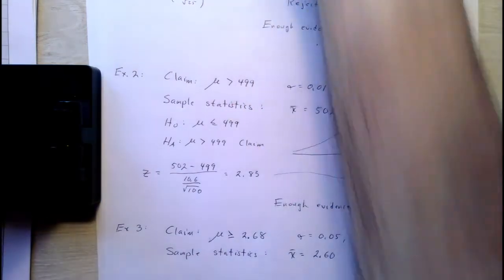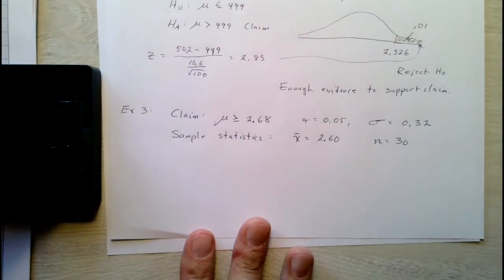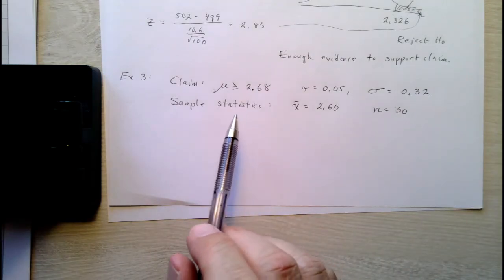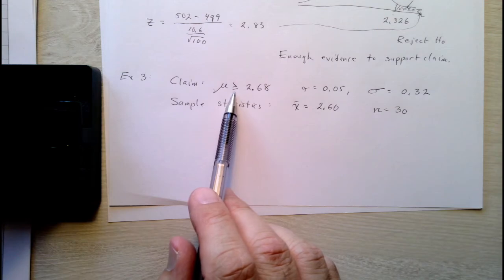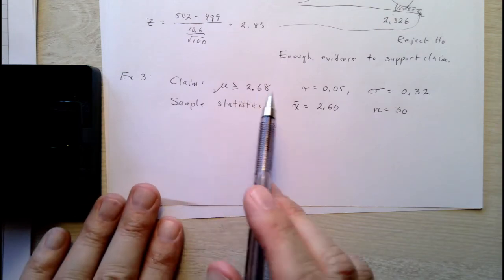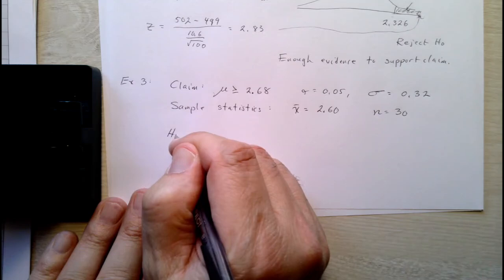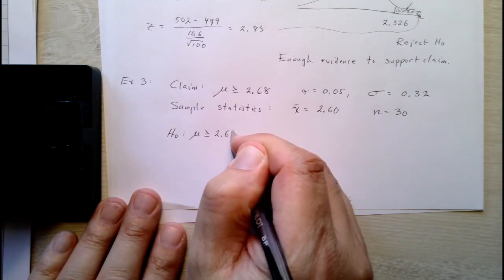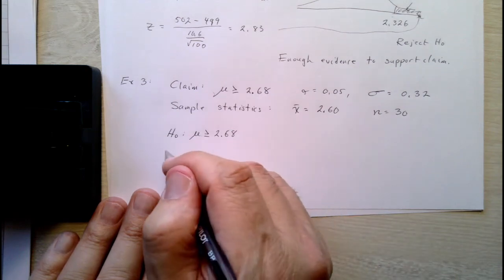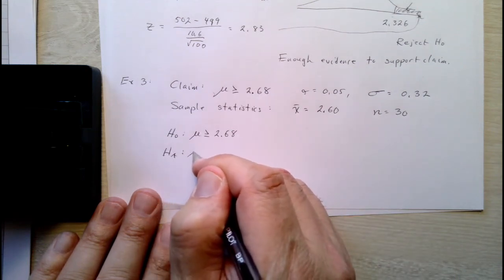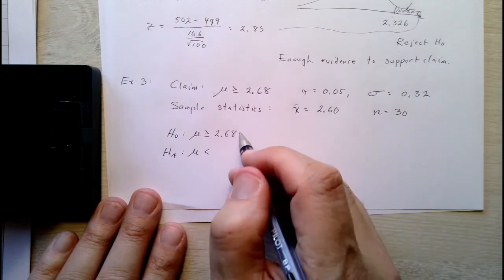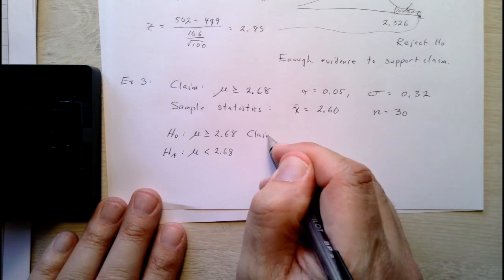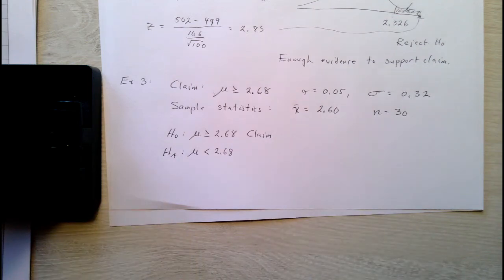Okay. Finally, let's look at this last one. Here, the claim has equality in it, so it has to be the null hypothesis. That means HA says mu is less than 2.68, and the null hypothesis is our claim.